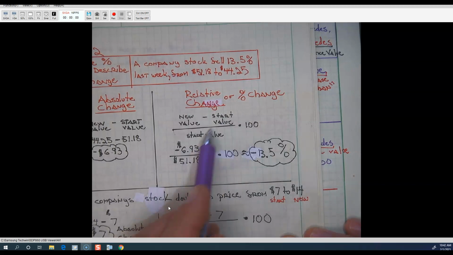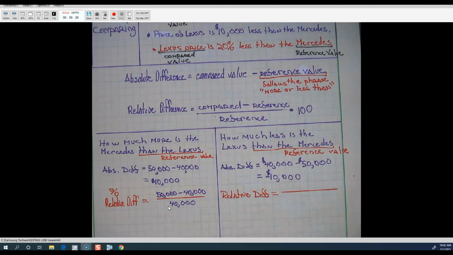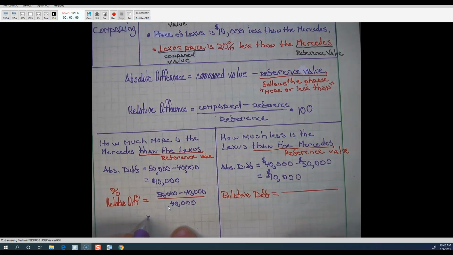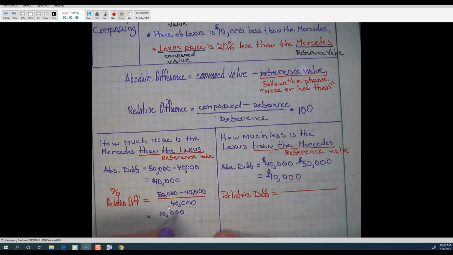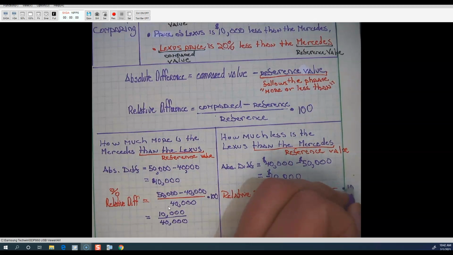They're the same. All right. So if we kept working this out, we'd get 10,000 over 40,000. And don't forget, this is times 100. I left that out. Times 100.